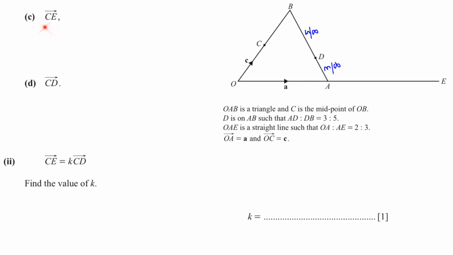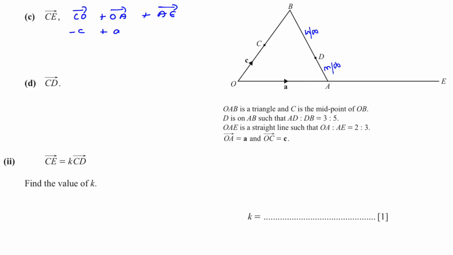In C, we have to find the vector CE. So from C, we have to reach E. We can do that by passing through CO plus OA plus AE. CO is negative C, OA is A. What about AE?